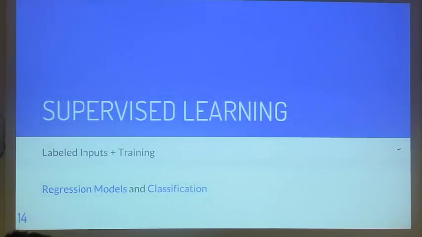Okay. So we are going into supervised learning. In supervised learning, you have labeled inputs, a training process, and specified outputs. You know the correct output, and the machine predicts its output. What you have to do is find the difference between the machine's prediction and your actual output and minimize that cost.